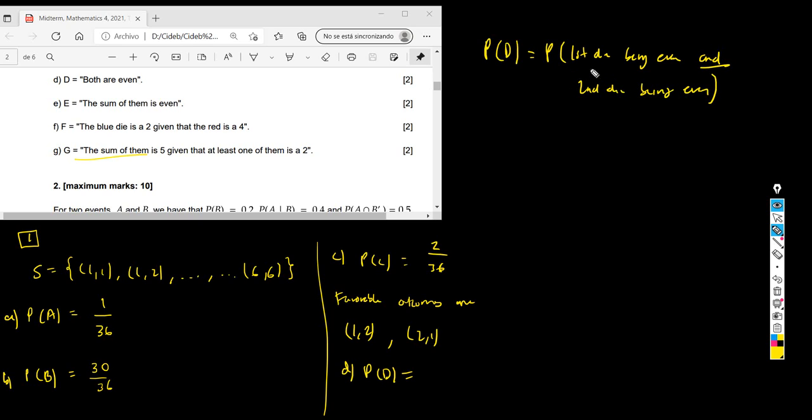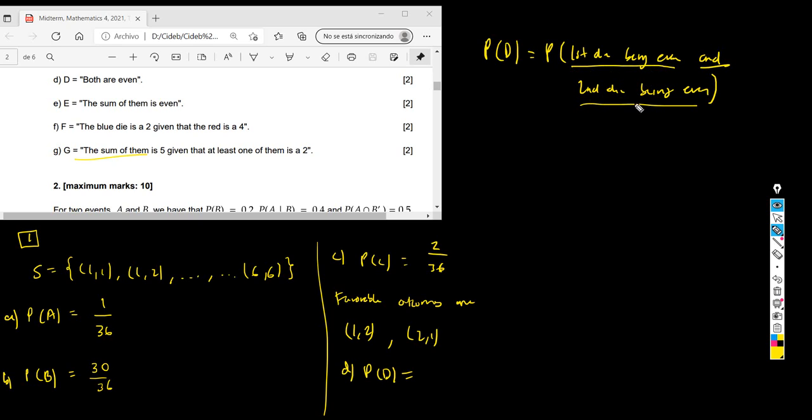I know that these two events are independent, because the fact that the first die is even doesn't affect the probability of the second die being even.